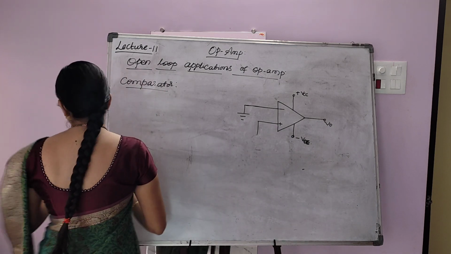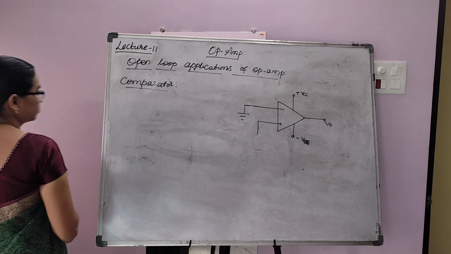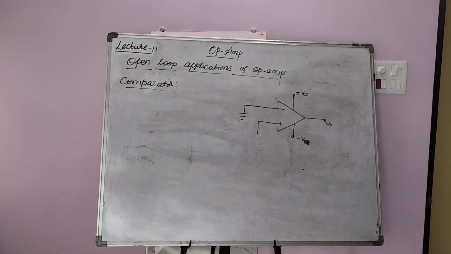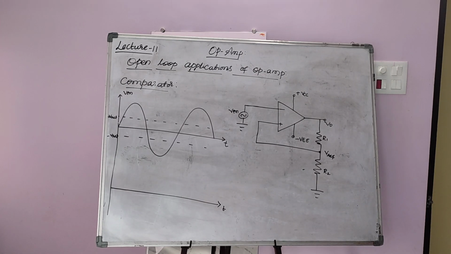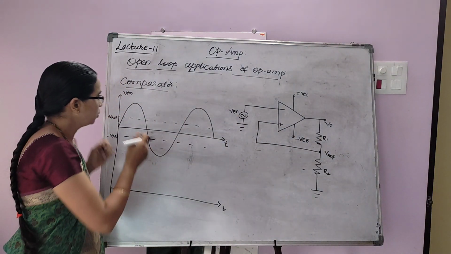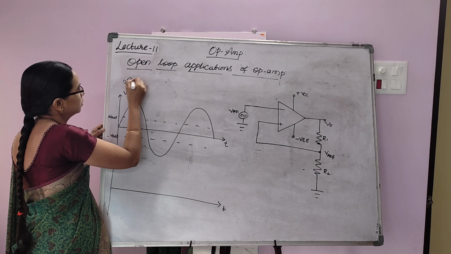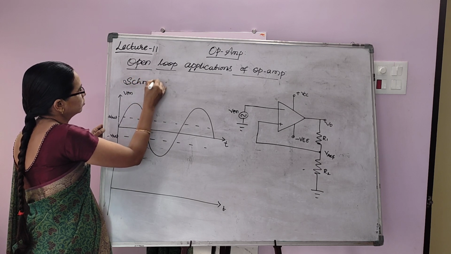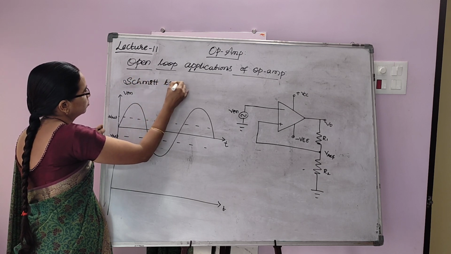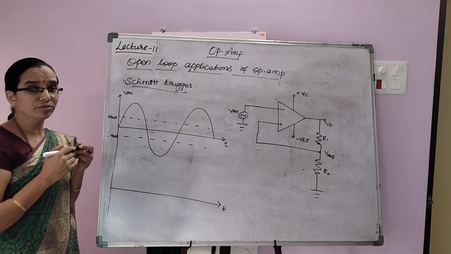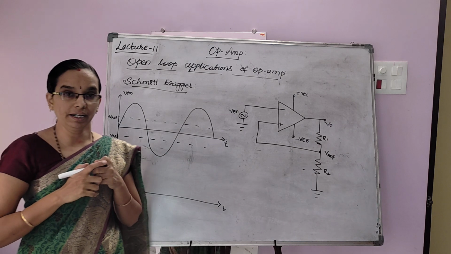The next is the Schmitt trigger. Okay, the next circuit is the Schmitt trigger circuit. This is also one of the applications of comparator.